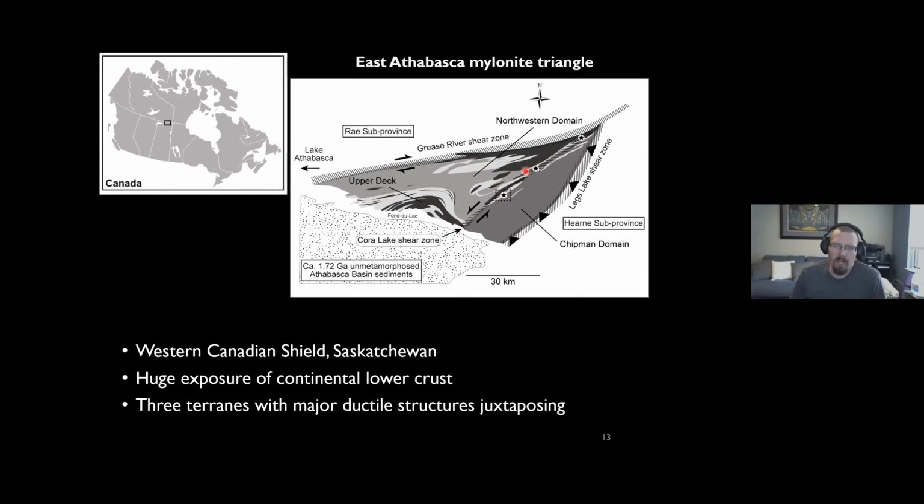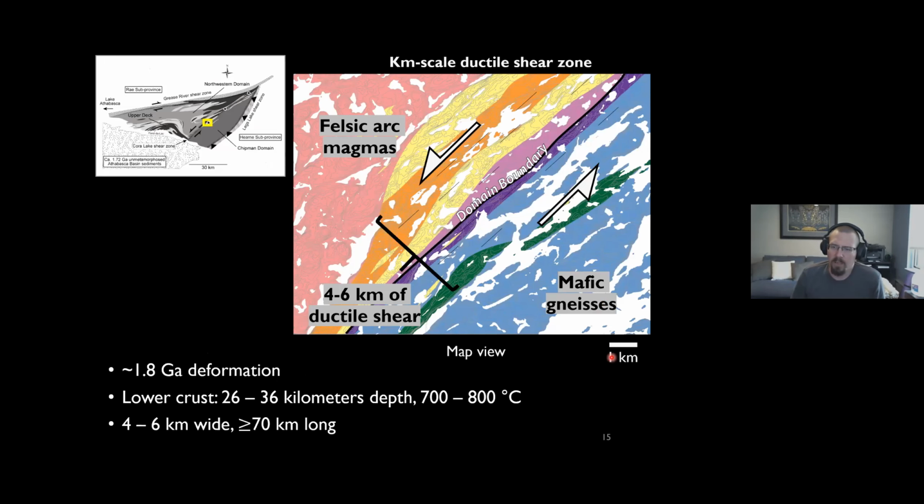There's a couple of really cool shear zones in here that separate these different lithotectonic domains. They don't matter that much, except that this shear zone right here is what we studied, and what I'm going to show you here. If we zoom in on that bit and have a closer look, now we're at the single kilometer scale and not the tens of kilometers scale.